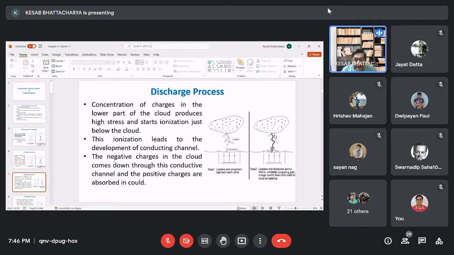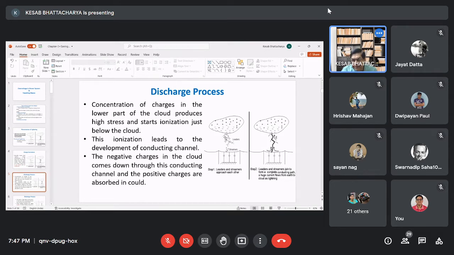Now, the negative charges in the cloud come down through these conducting channels, and the positive charges are absorbed in the cloud. These positive charges are the ones formed due to ionization of air, not the positive charges already present in the air.